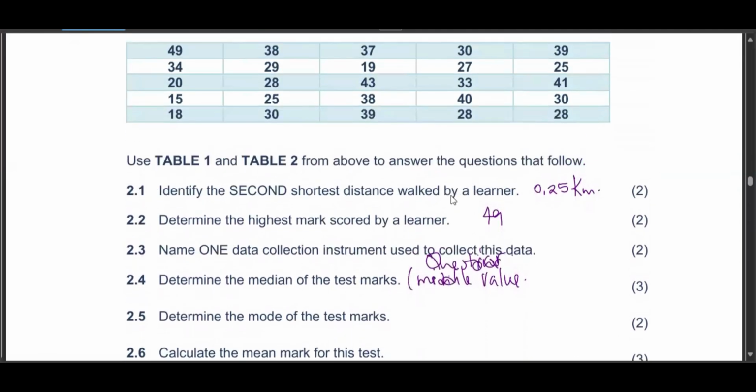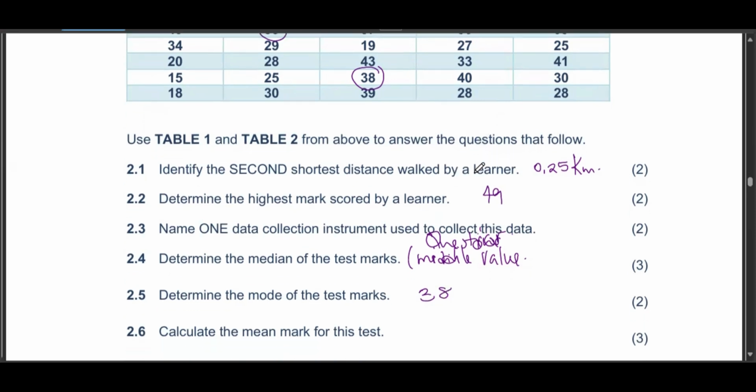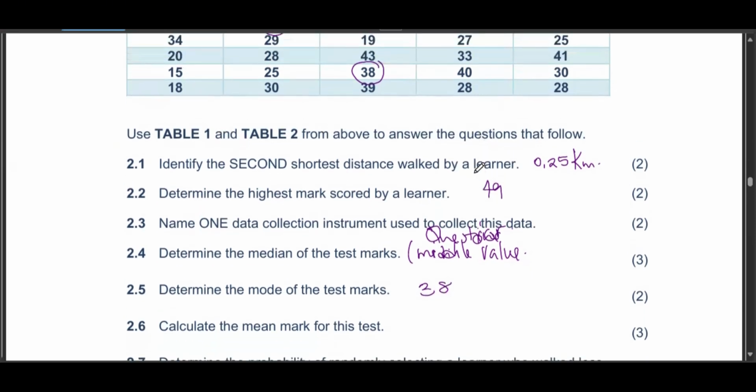We have 38 here, another 38 there. We're looking for the mode of test marks. The mark there is 38.